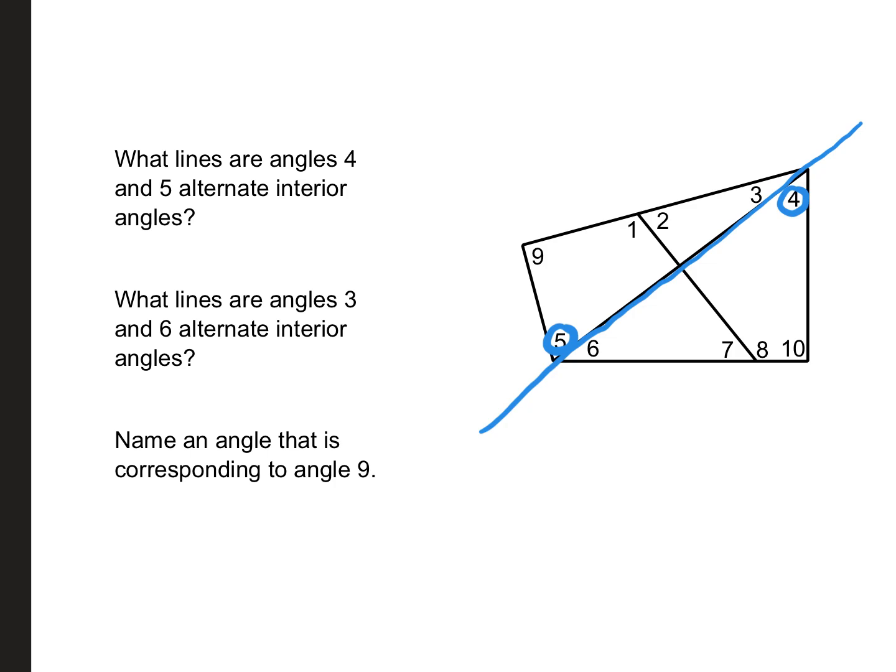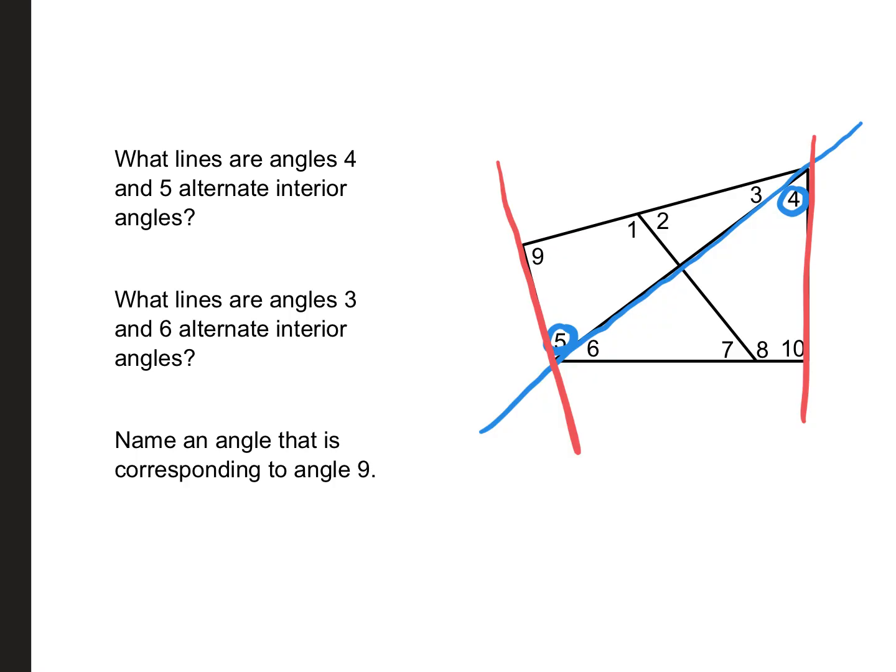And so when you see that line there, connecting these alternate interior angles, the other 2 lines that help finish and form the actual 2 angles you're talking about would be the 2 lines that would make these 2 angles alternate interior angles.